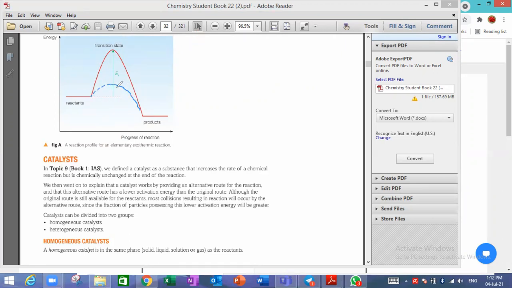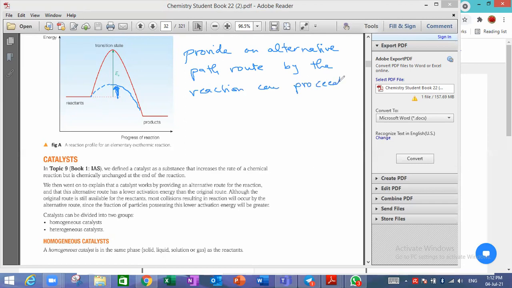Instead of this high activation energy, only a small amount will be needed, where catalysts provide an alternative path, a route by which the reaction goes. So catalysts provide the reaction mixture with an alternative route for the reactants to form the products.